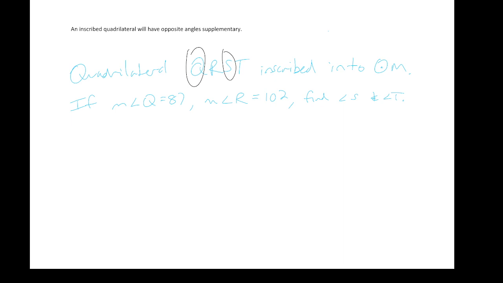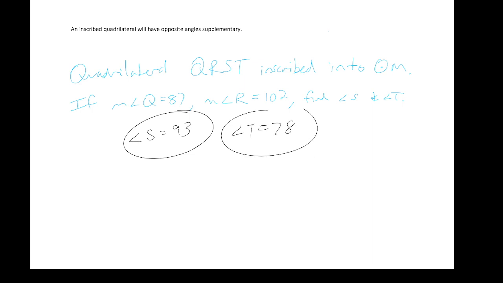That's going to be my diagonal, Q to S. So supplementary to Q is going to be angle S. So angle S will be the supplement here for 87, which will be 93, 180 minus 87. And then here for angle R, skip a letter. So angle T is going to be 78. That's it. It's that straightforward. Okay?